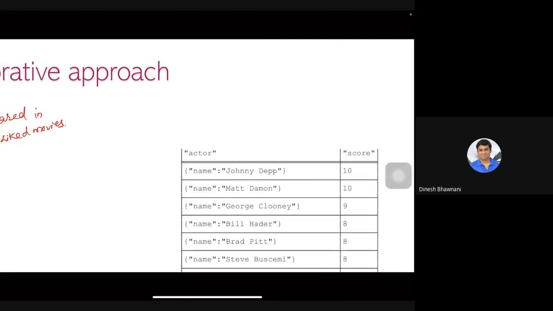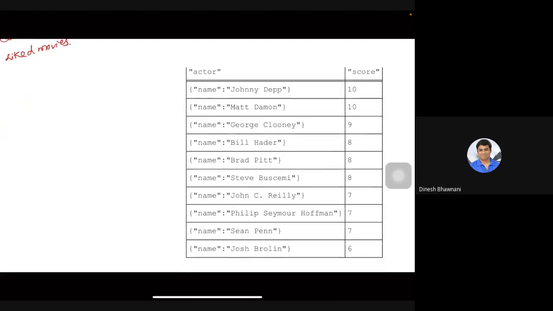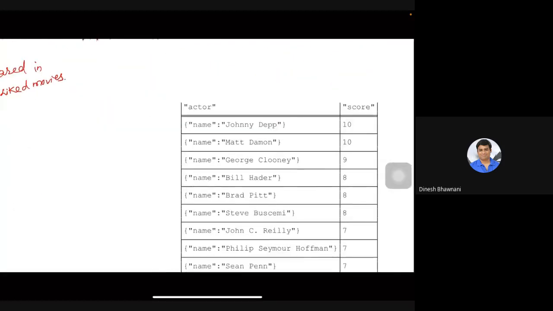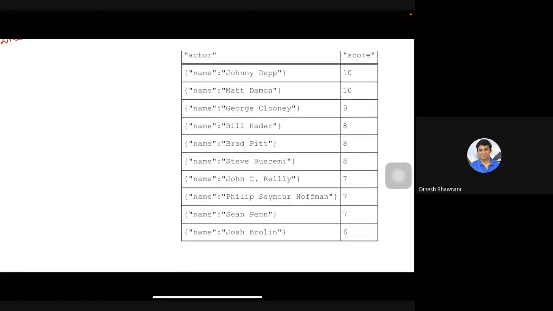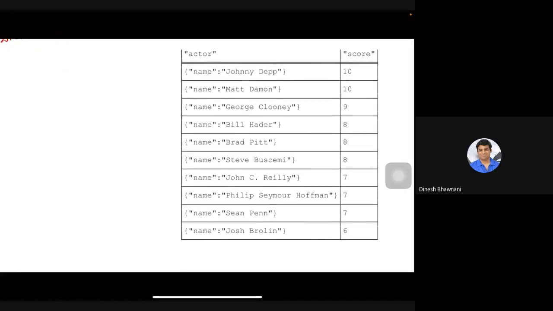There could be a higher thing, you decide, right? So Johnny Depp has occurred 10 times in movies that have been liked by 318. Similarly, Matt Damon also. So it can be that Johnny Depp and Matt Damon movies that 318 hasn't rated yet could be the new recommendations for 318.